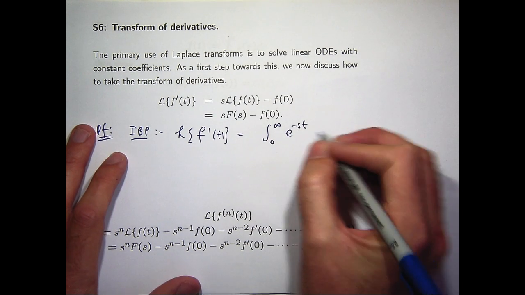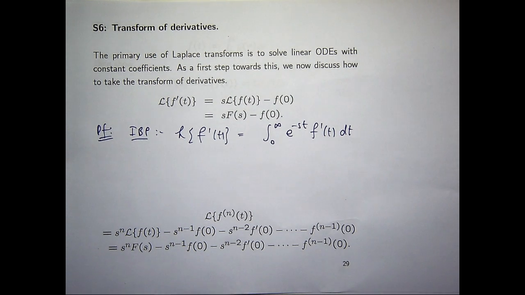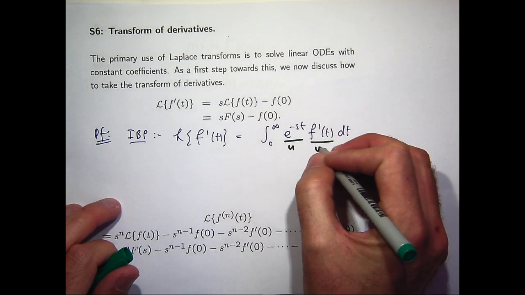But instead of having little f in here, we have f dash or f prime. What we can do is, say, integrate by parts. Let that be u and let that be v dash.